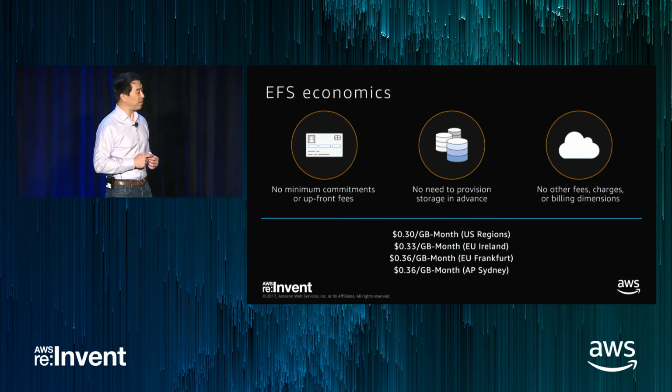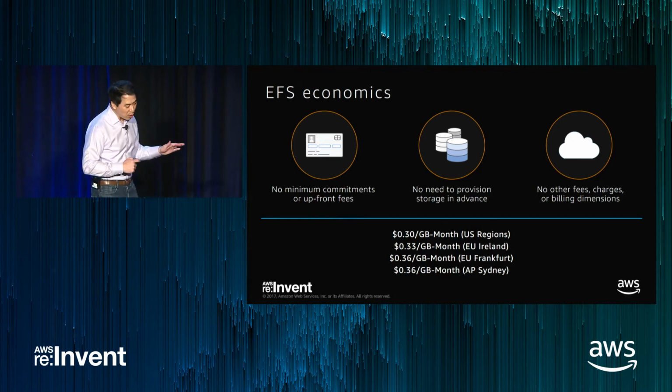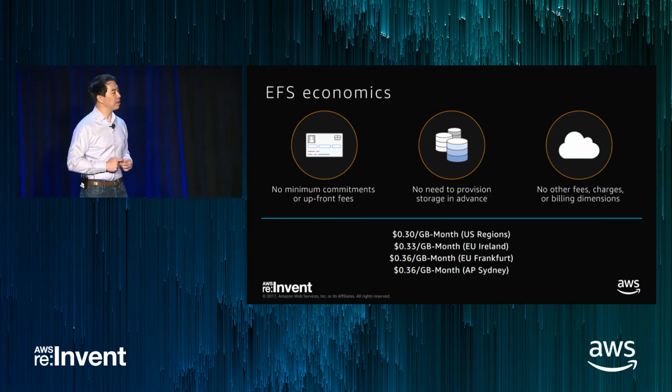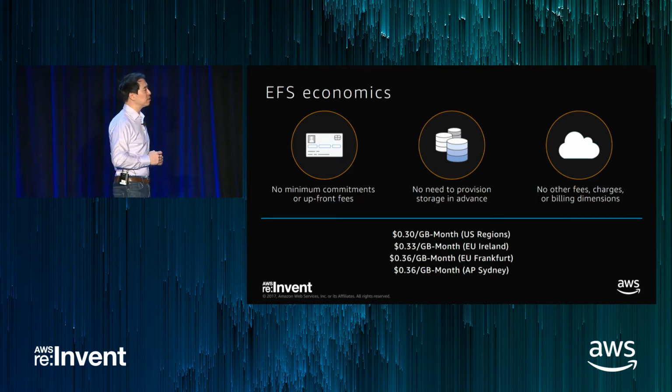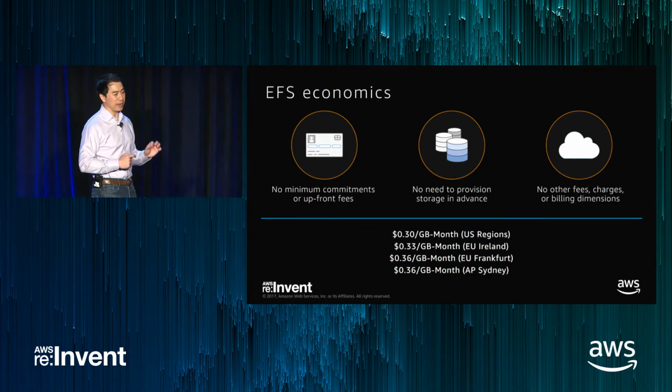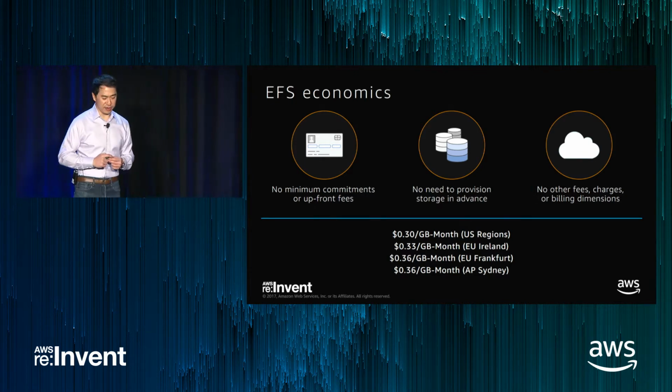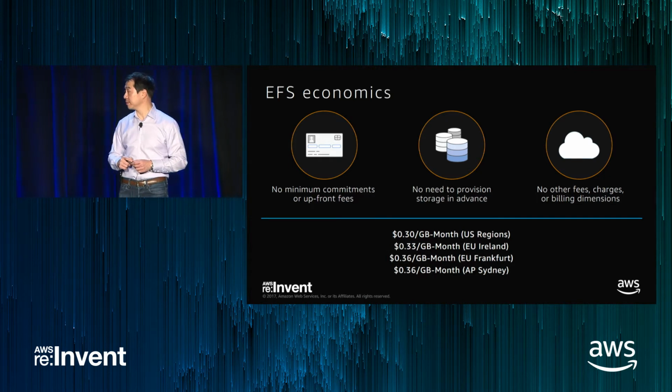And in the case of EFS, we have simplified the economics as well. So there are no minimum commitments, there is no need to provision storage, and there are no other fees or billing dimensions. It is simply based on the amount of data that you store. Okay? And you can see the prices in the available regions down there today.